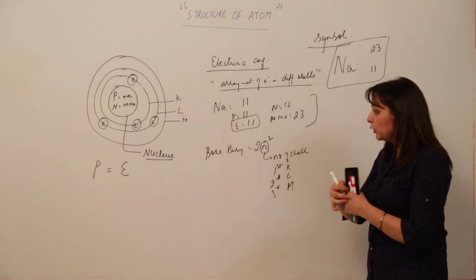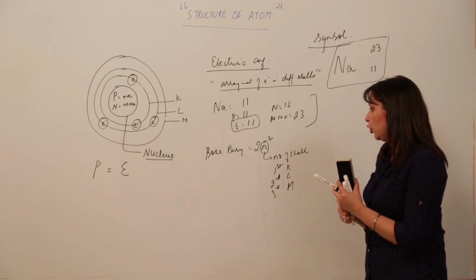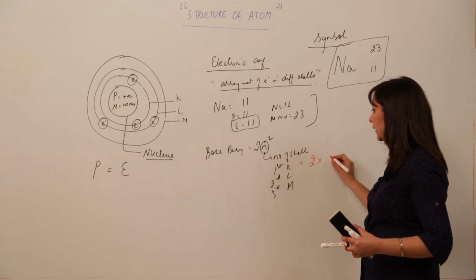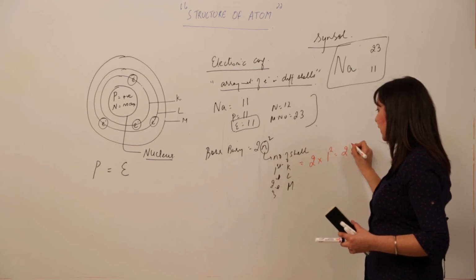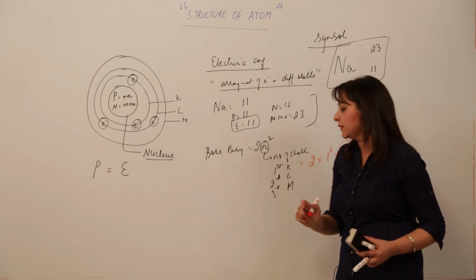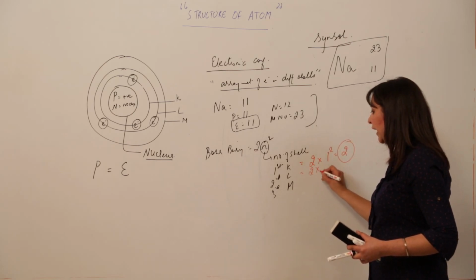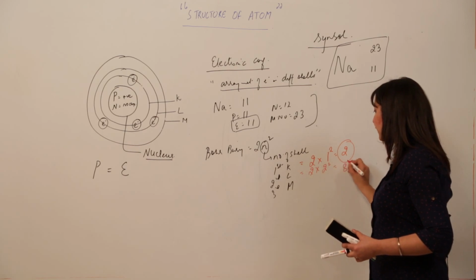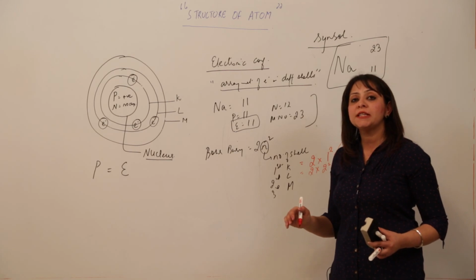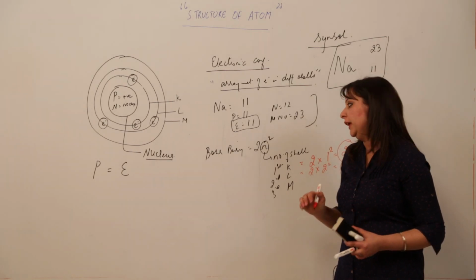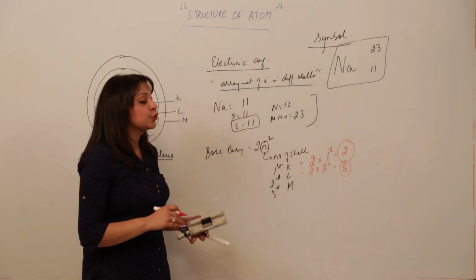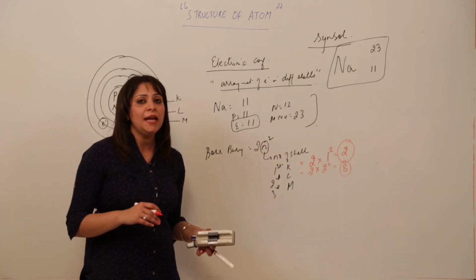According to this, putting n as 1, the first shell can accommodate a maximum of 2 electrons, can be less but cannot be more than this. And the second shell similarly, putting n equal to 2, it can accommodate 8. This is how we come to know the maximum electrons the orbits can accommodate. By using this rule, we can show the electronic configuration of any atom.